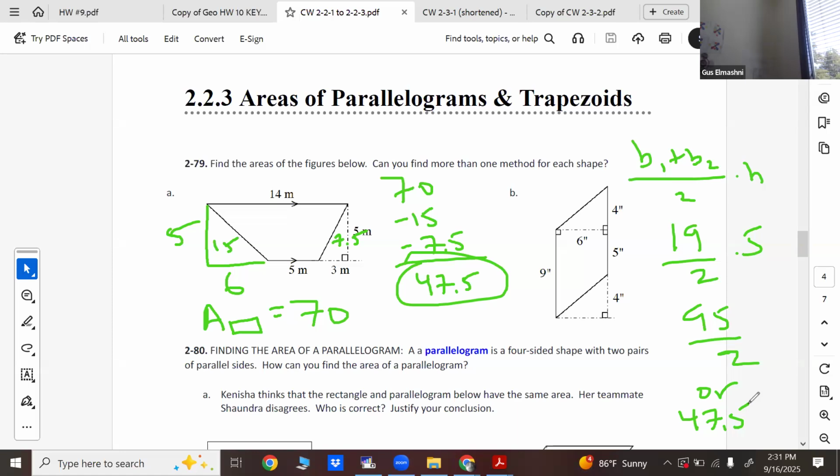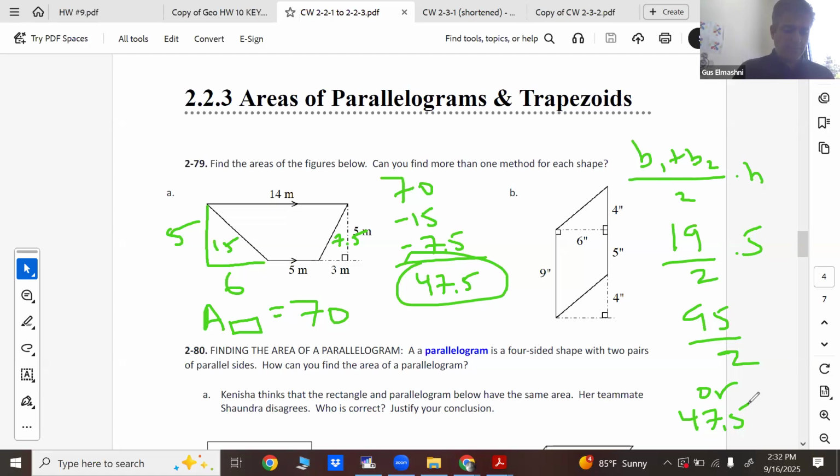Or you do the height times base, that one, you also get 54. When I put two triangles, that's minusing five.